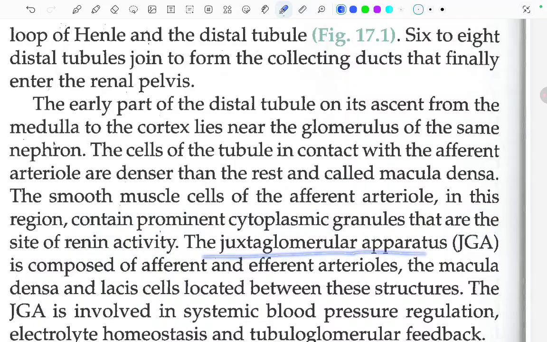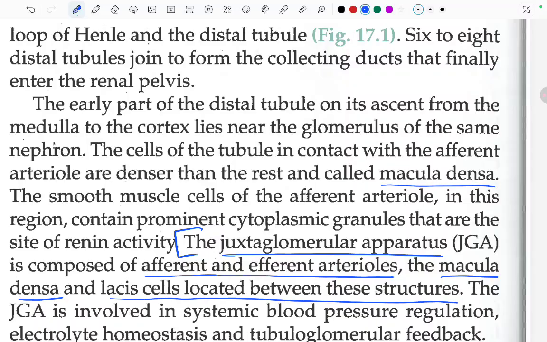The juxtaglomerular apparatus is composed of the afferent and efferent arterioles, the macula densa, and the Lacis cells located between these structures. So this is the juxtaglomerular apparatus. The structures that we read form it, which are composed of the afferent and the efferent arterioles and the macula densa. We just read, right? What was the macula densa? The cells of the distal tubule in contact with the afferent arteriole, denser than the rest of the cells, are the macula densa, and the Lacis cells are located between these structures.